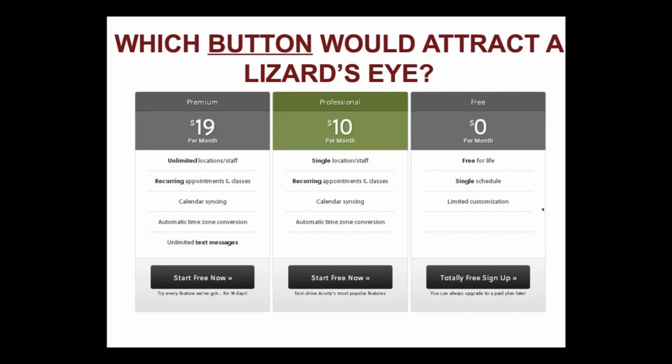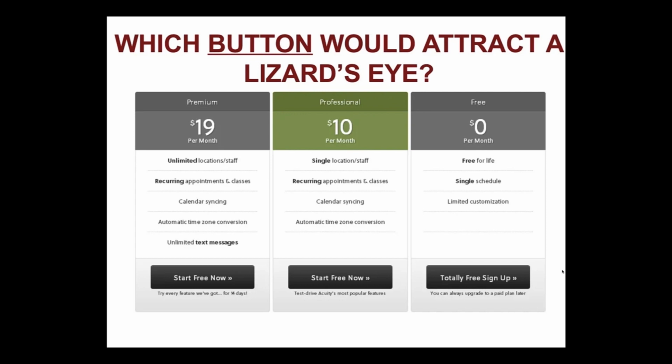So what we're worried about here is writing for a lizard, right? When you look at these three, which button would attract a lizard's eye? We can see where they're trying to focus us, but which button would attract a lizard's eye? That was our question when we ran this button test.